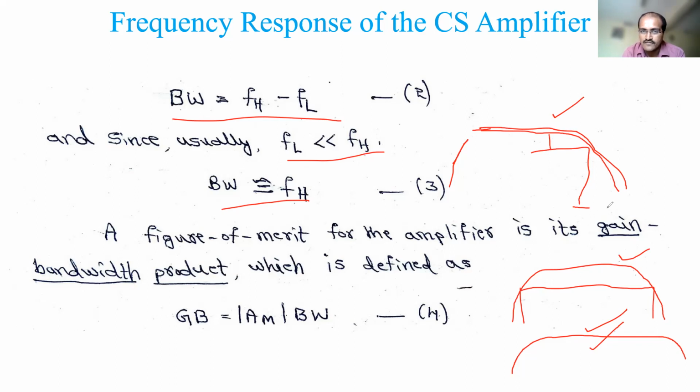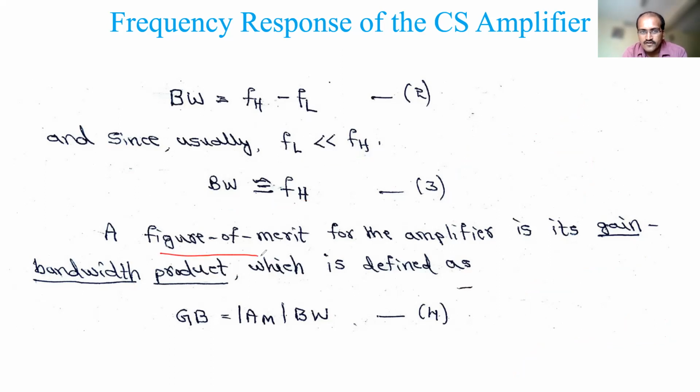So FH, the frequency. There is one more term with respect to amplifiers, called the figure of merit. The figure of merit is normally the gain multiplied by the bandwidth. There is a mid-band constant gain which we multiply with the bandwidth. So it is called the gain bandwidth product, or figure of merit, or FOM in short.